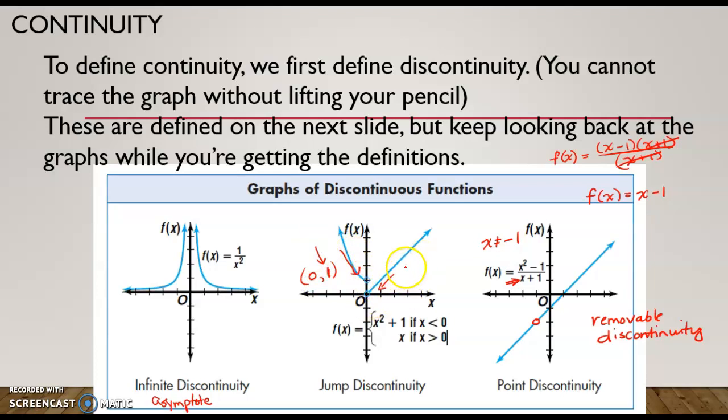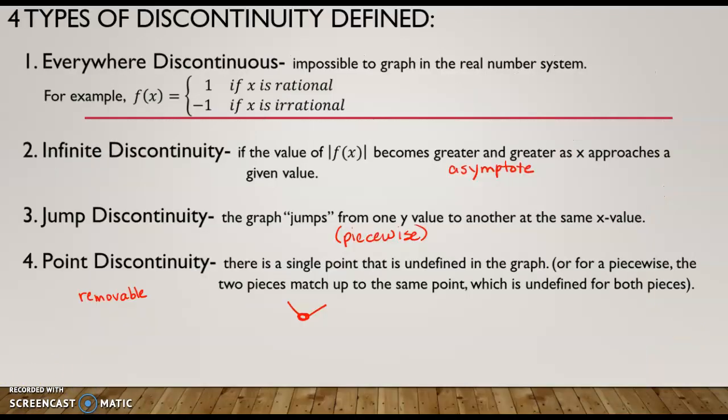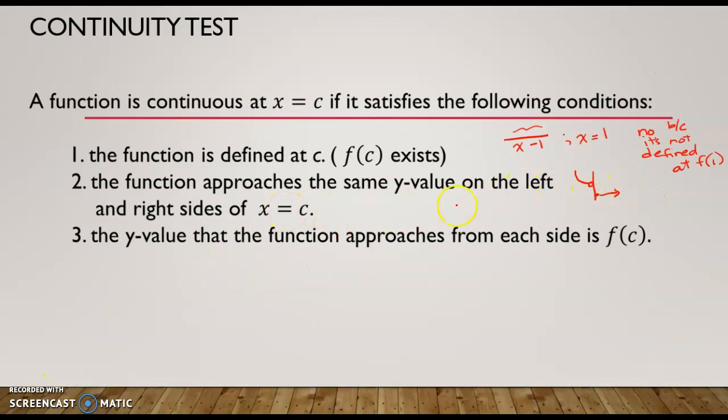This graph is approaching 0 from the left. So your answer for that graph from the front is no, it's not going to be continuous. It is approaching 1 from the left and 0 from the right.